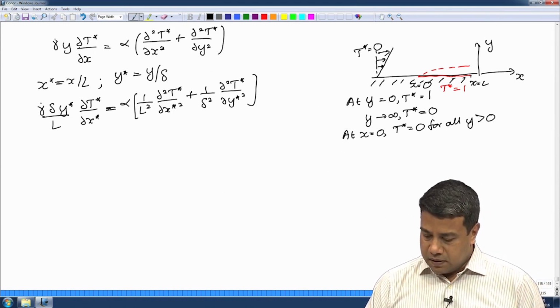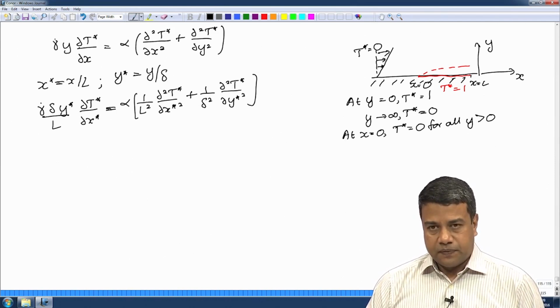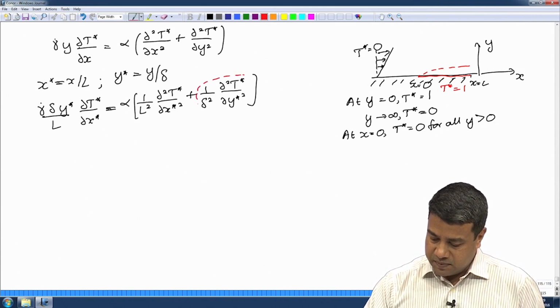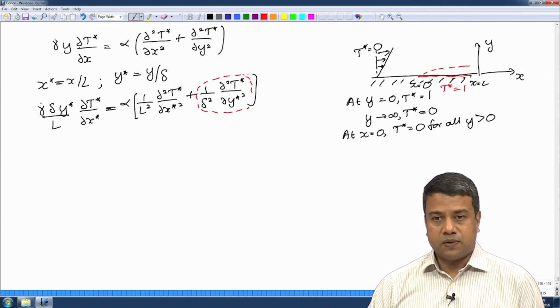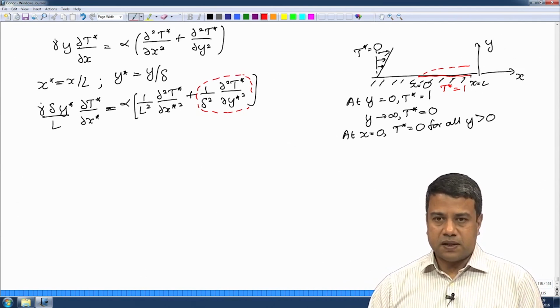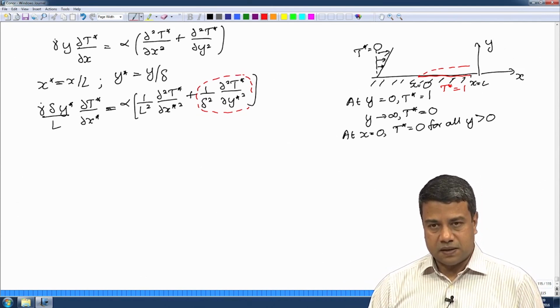where I have scaled y by delta and x by L. In the diffusion term on the right side, the largest term is this one, because 1 by delta square is much larger than 1 by L square. Delta is much smaller than L. So, I would expect 1 by delta square to be much larger than 1 by L square.